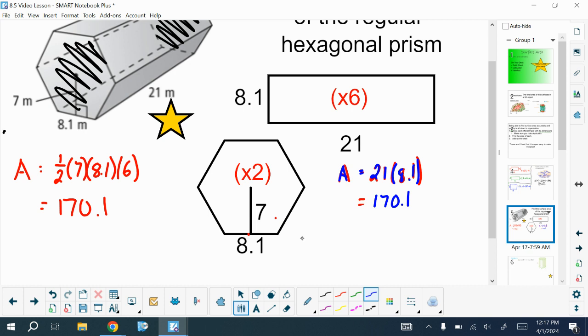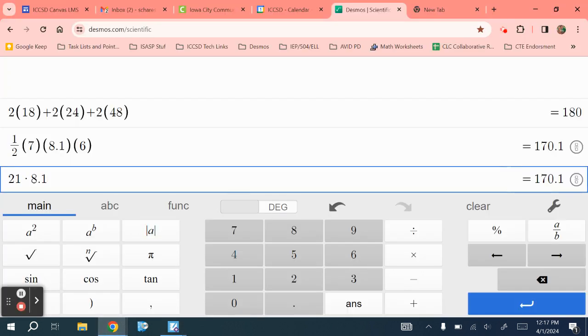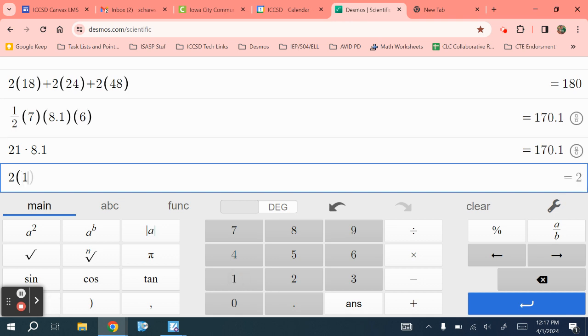And then I'm just going to add them up. I know I've got 2 of my bases plus 6 of my rectangles. And I'll add those all together. I'm going to show it like this, even though there's 8 shapes that have that same area, because normally there wouldn't be.